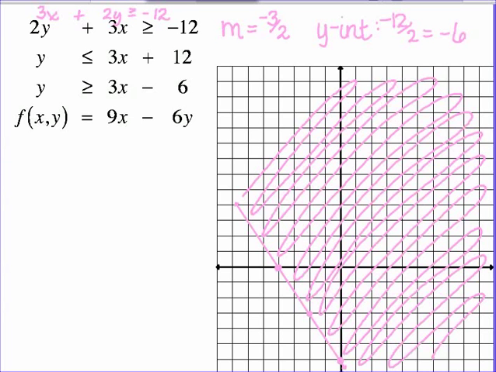What's your y-intercept of your second line? 12, yep. What's the slope? 3. So which way are you going to go since I can't go up 3 over 1? Down 3 to the left 1.